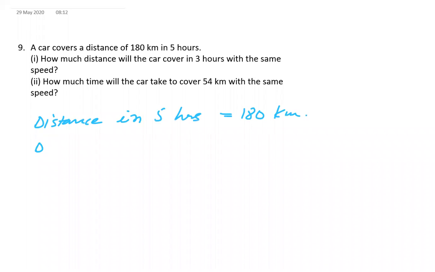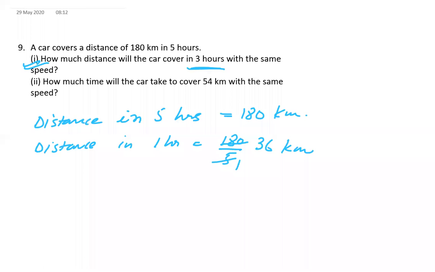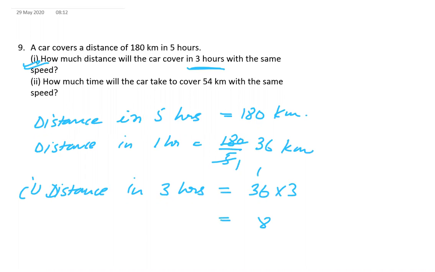So distance in 1 hour is equal to 180 upon 5, which is 36 kilometers. Now in the first part, find the distance in 3 hours. So distance in 3 hours is equal to 36 multiplied by 3, which is 108 kilometers.